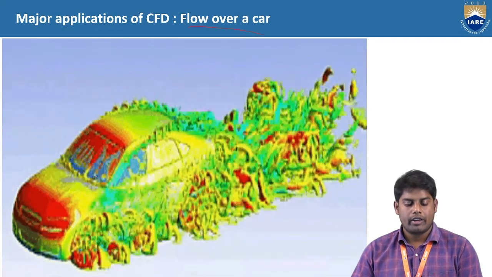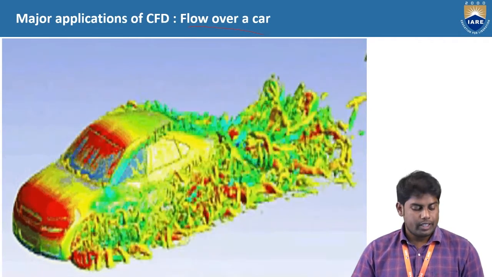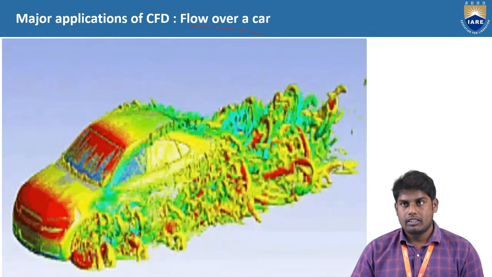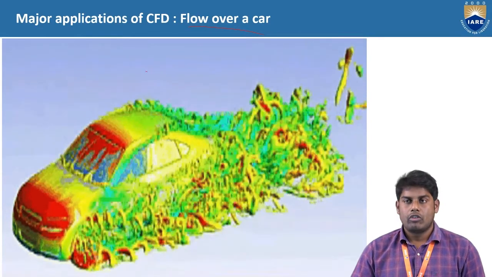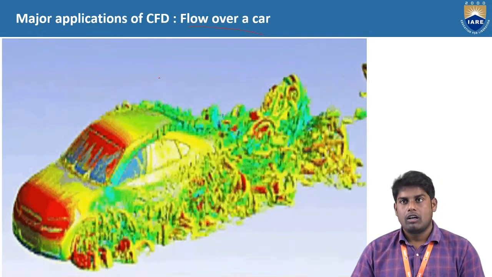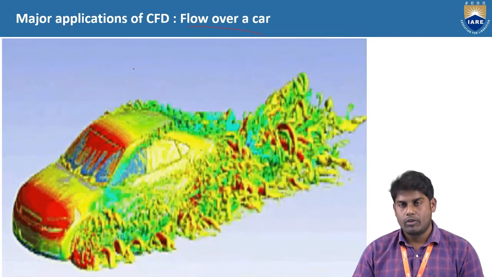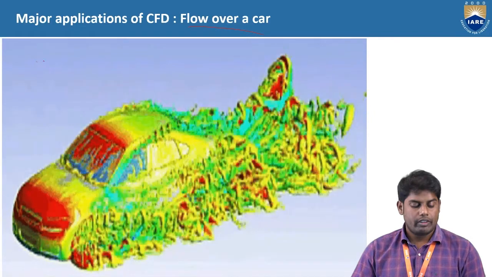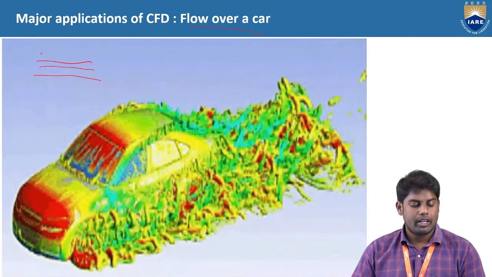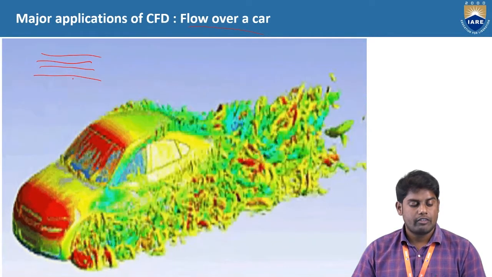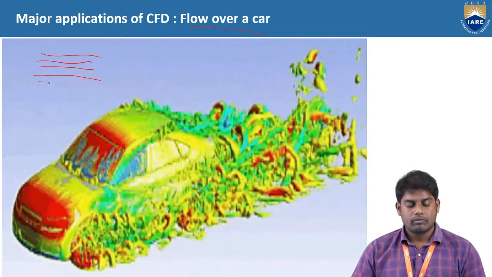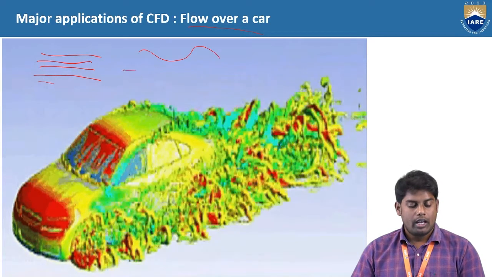Here you can see flow over a car, and this is actually called turbulent flow, where you have random mixing of fluid flows in a given fluid region. So you have two kinds of flows. One is laminar, in which the flow is regular and smooth, and the other is turbulent.